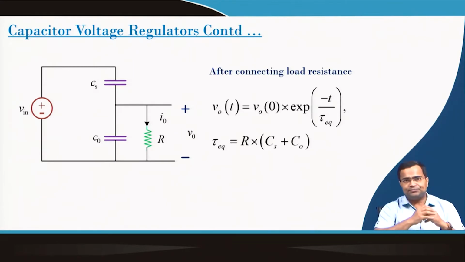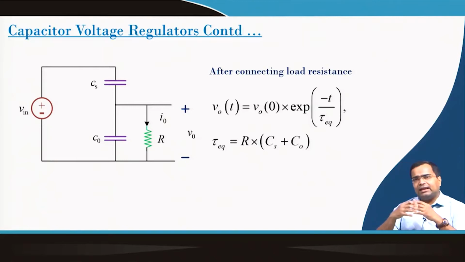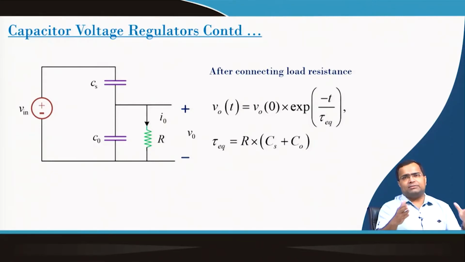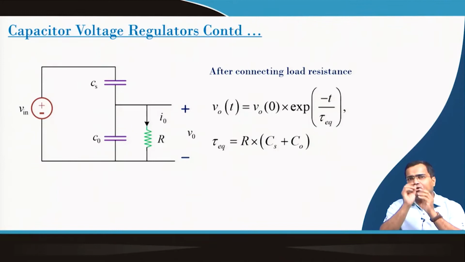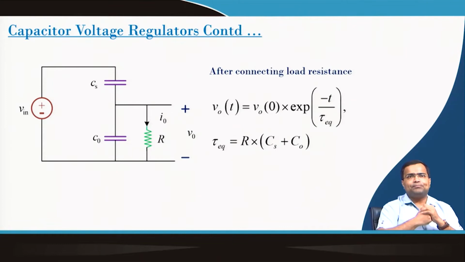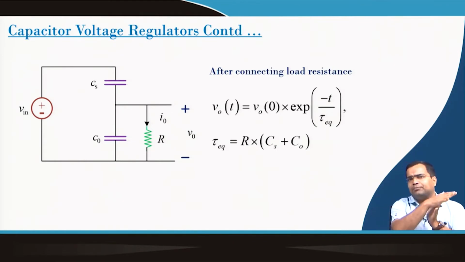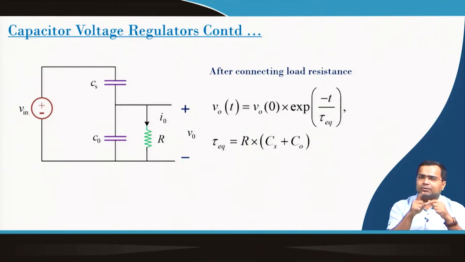And what we will see is, if you wait for some time, that is when t increases, the output voltage starts falling. Why does it happen? Because when you start drawing current, the current going through the load resistance should come from the supply voltage. If that current comes from the supply voltage, the rate of change of charge, that means dq/dt, is nothing but the current.